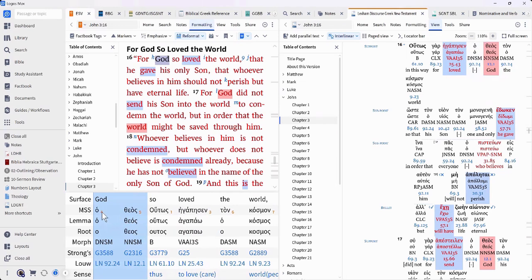These numbers here represent the word count. So this is 4. Here's the first word, the second word, third, fourth, fifth. This tells you the word count. So here's the subject. God is the subject, and he loved.